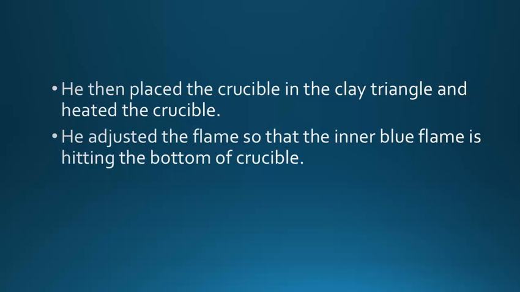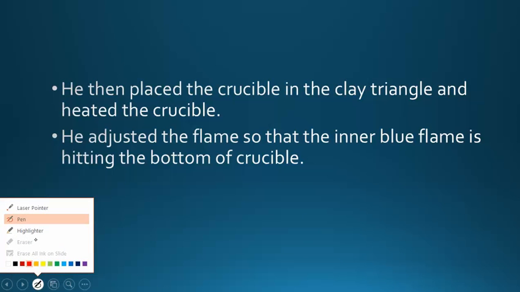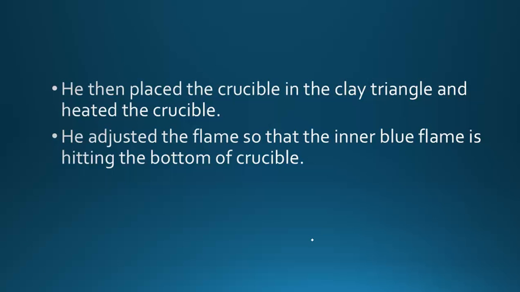He then placed the crucible in the clay triangle and heated the crucible. He adjusted the flame so that the inner blue flame is hitting the bottom of the crucible. So remember, if you've got a good flame going, then you should have an outer blue cone and an inner blue cone.